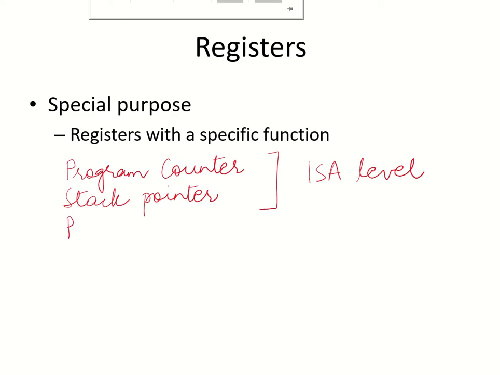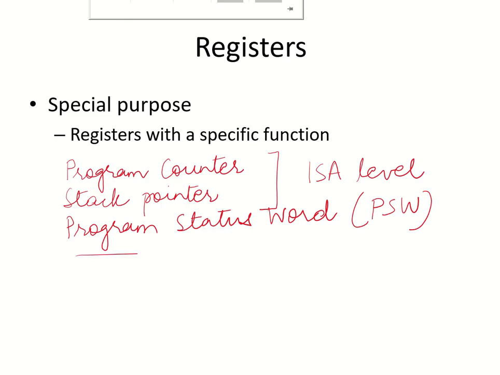Apart from this, there is another register which is called the program status word. It is sometimes also referred to as the flag register. Suppose this is a 32-bit register or could be less, a bit over here would represent a specific flag. So suppose this bit represents the 0 flag.